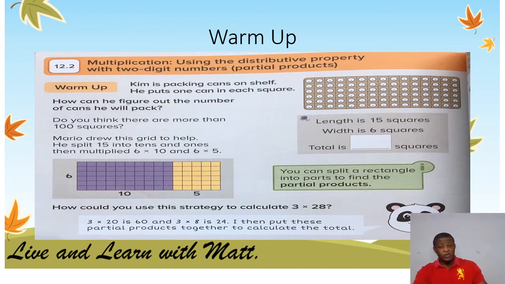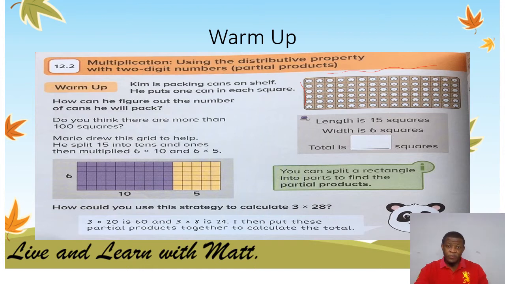We can use the rows, counting how many down and how many across. So how can you figure out the total number of cans you will pack? Do you think there are more than 100 squares?